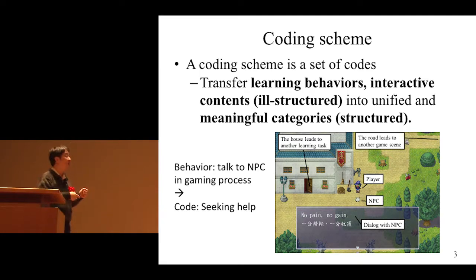When a player approaches an NPC, he or she might want to seek hints or help from those characters. If the learner does that, we categorize the behavior into a code, say, seeking help.